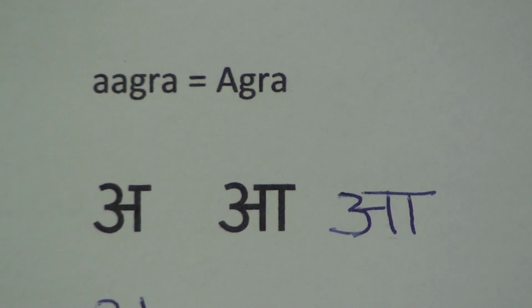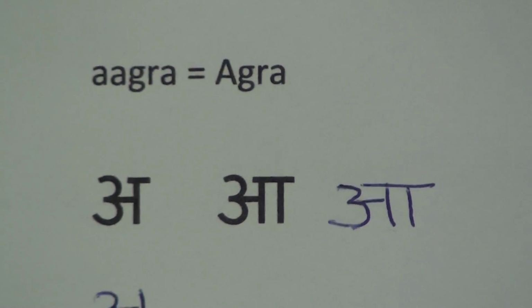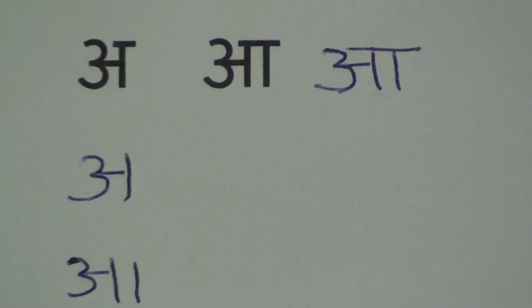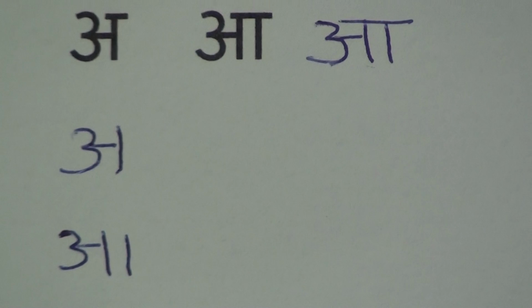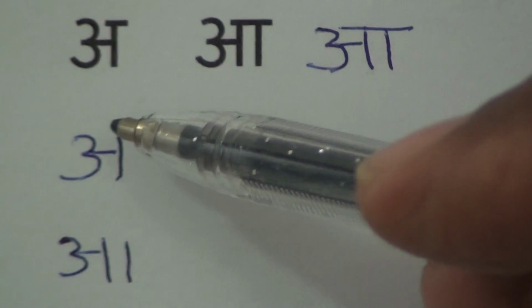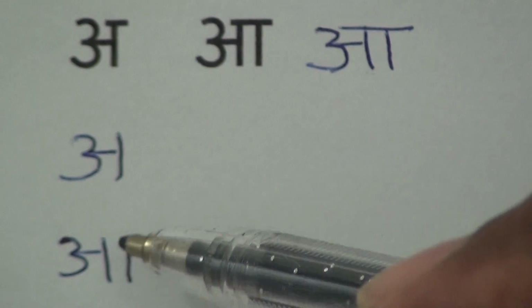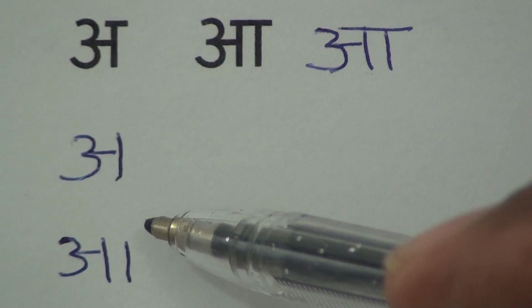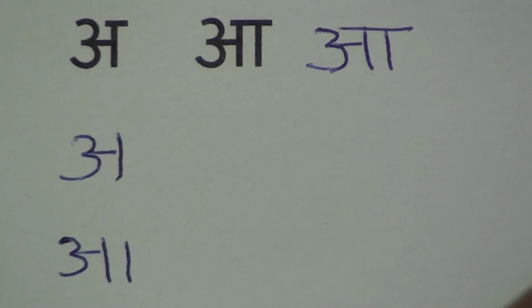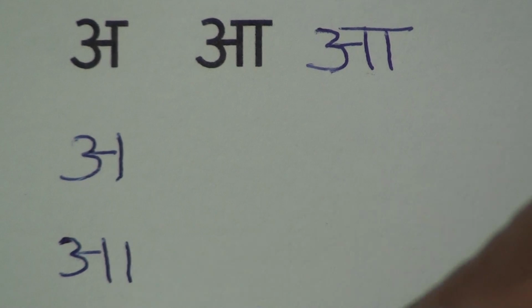So to write Aa, the first step is we write this one, and then we put another line, a straight line here, and then a line over it.